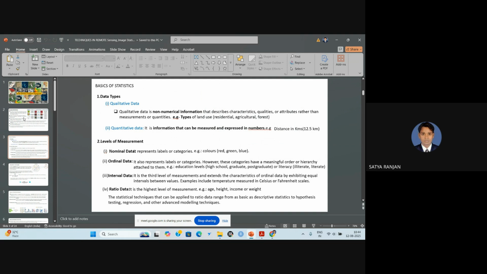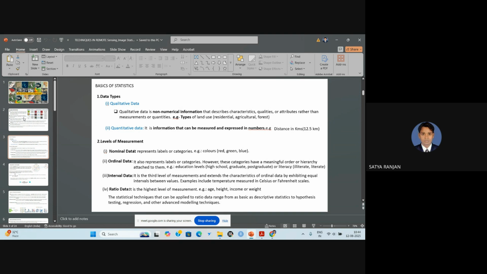There are two types of data: qualitative and quantitative. Qualitative data is non-numerical information, with no numeric values, which describes the characteristics, qualities and attributes of some features. An example is residential area, agriculture, forest area in land use land cover.